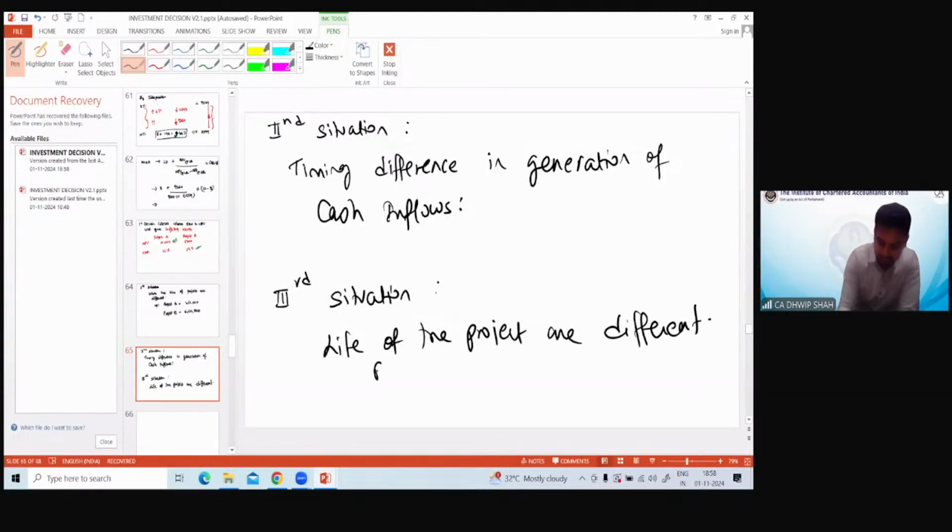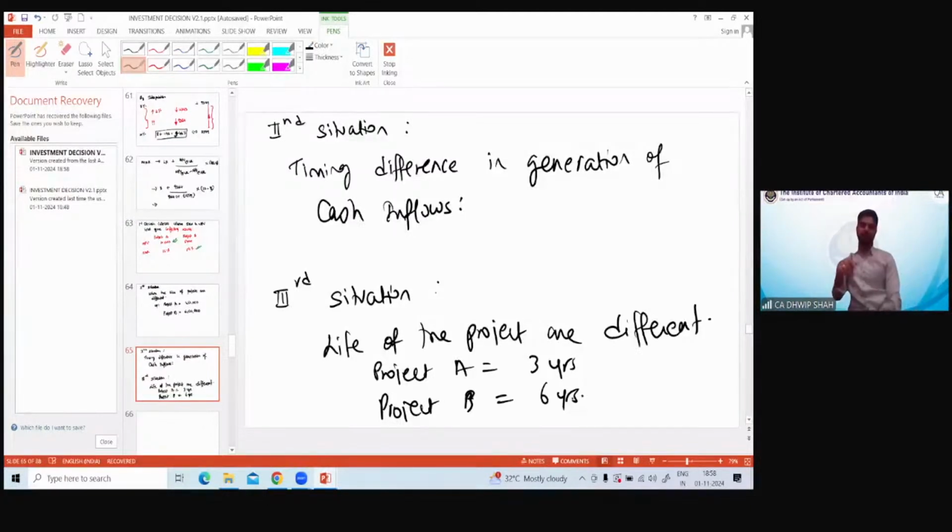So let's say project A's life is 3 years, project B's life is 6 years. Under such a situation as well, your NPV and IRR would give conflicting results. So these are the three situations where your NPV and IRR give contradictory, conflicting results.